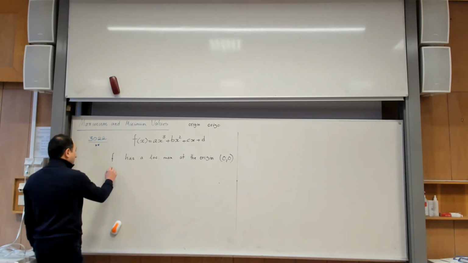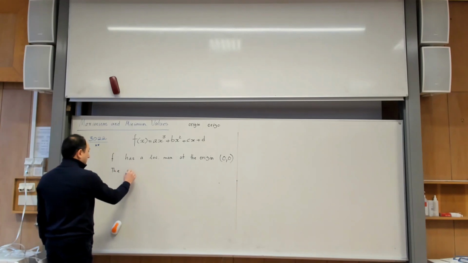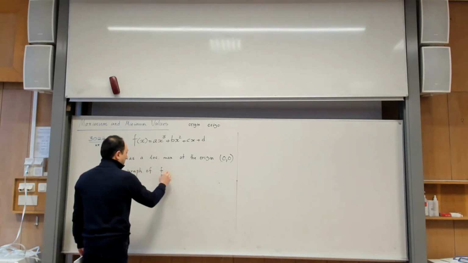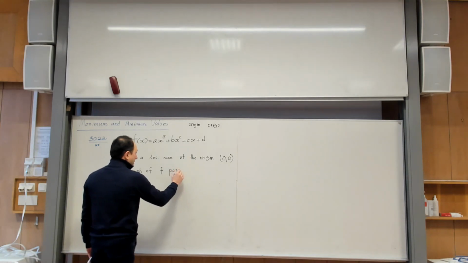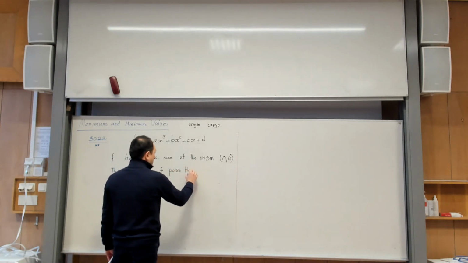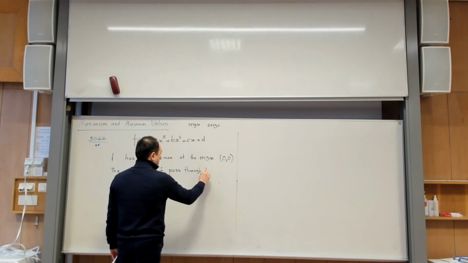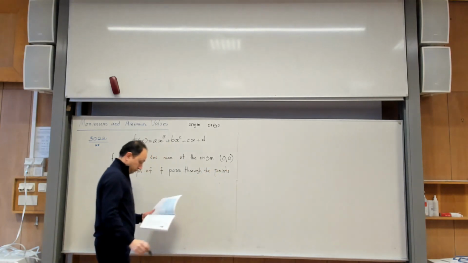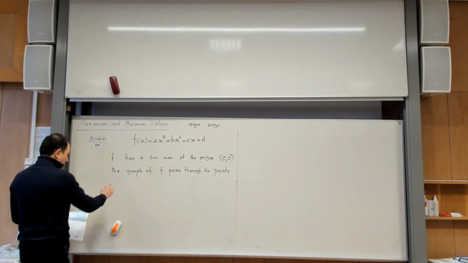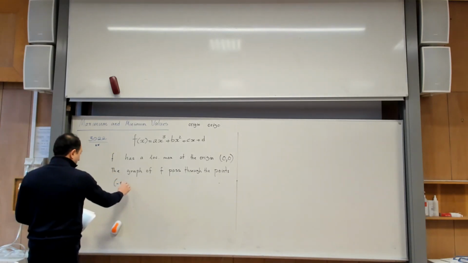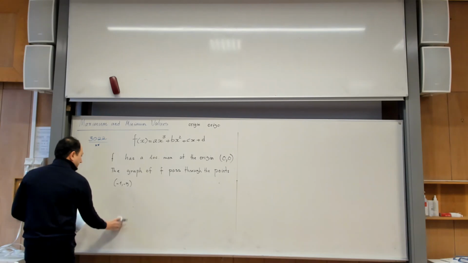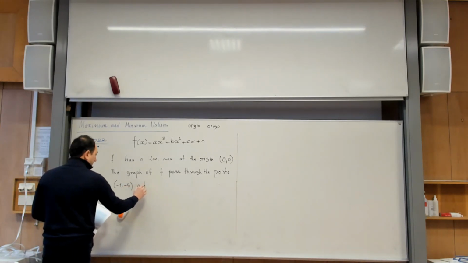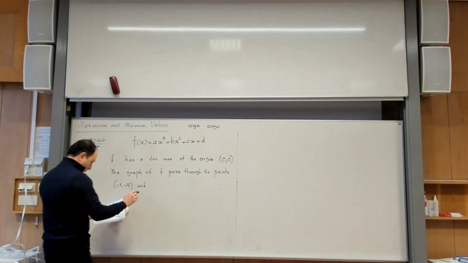The graph of f passes through the points -1 and -5 and 2 and 4.